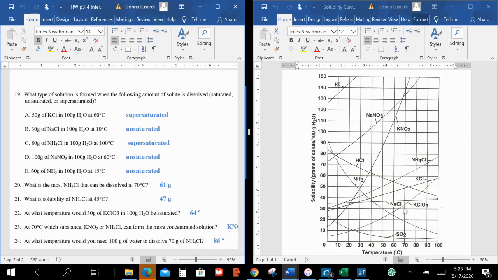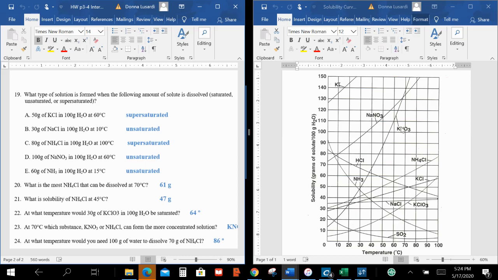Sodium nitrate at 60, I should be able to dissolve about 124, but I have only dissolved about 100. So that is unsaturated. Ammonia, here's my ammonia line, I'm sorry, where am I?